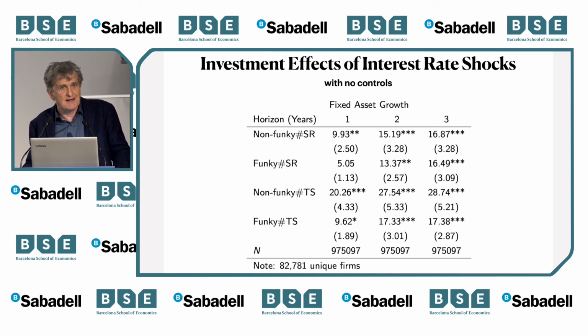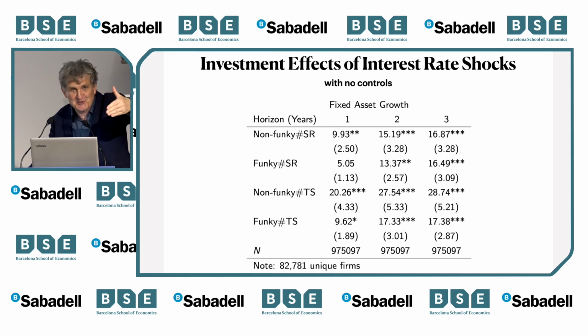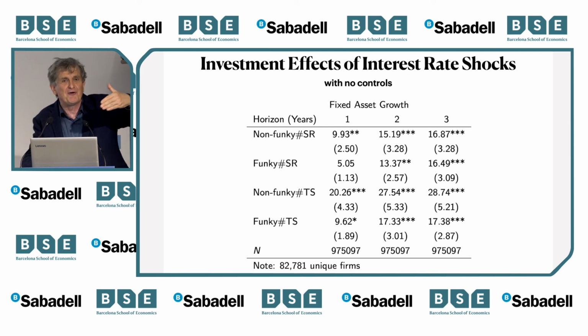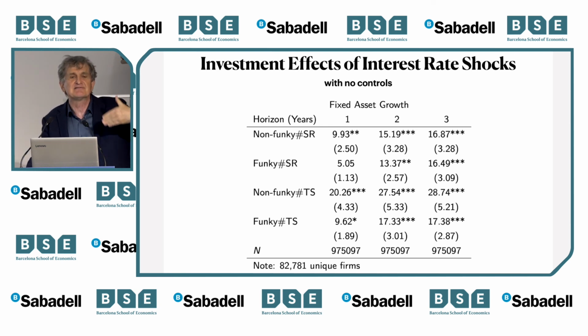So this is, I hope, evidence in favor of the proposition that funky firms, the investors, people like you, investing into firms that are funky, who've got lots of little johns, are less interested in the future, in the distant horizon, and therefore a change in the term spread will less impact your willingness to lend to me, and that will have correspondingly less impact on my investment decisions and growth.